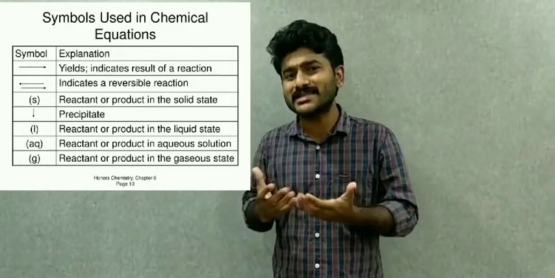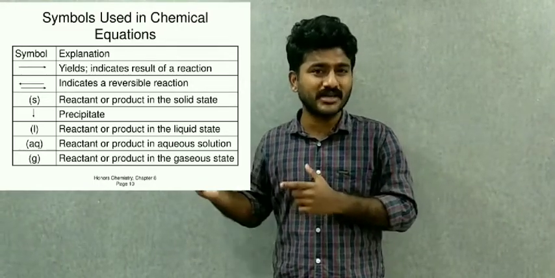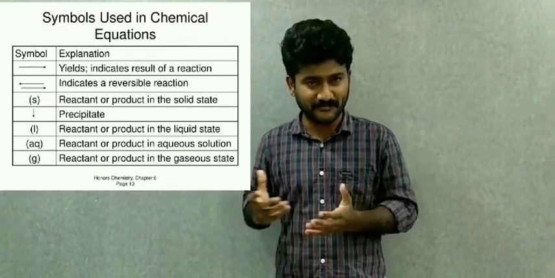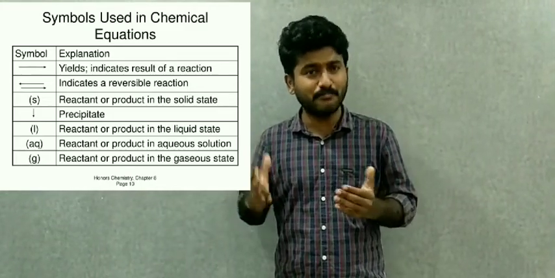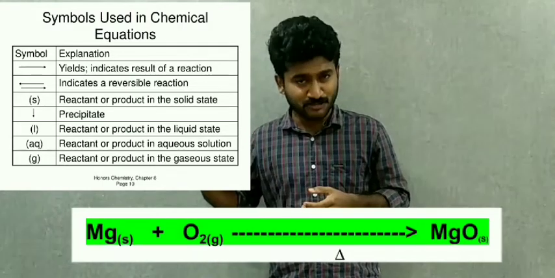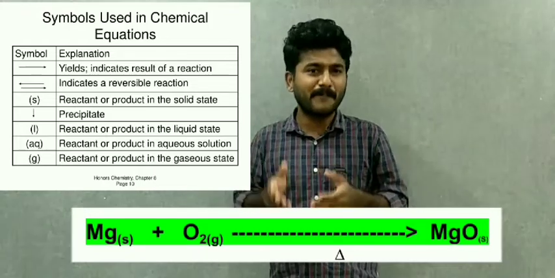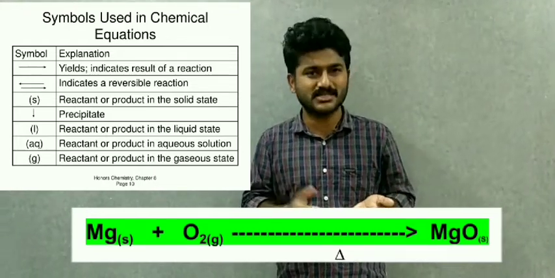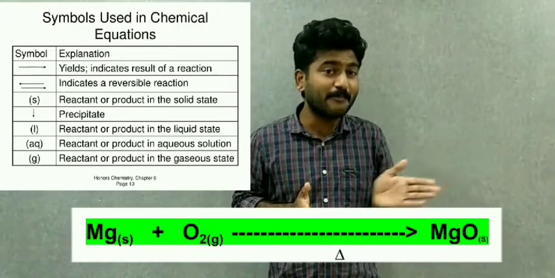So let's see how we can use these symbols in an equation. For burning of magnesium ribbon, the equation will be like this: Mg(s), because magnesium is solid in nature, plus O2(g), O2 is a gas, so G for gas, and we are burning, right?